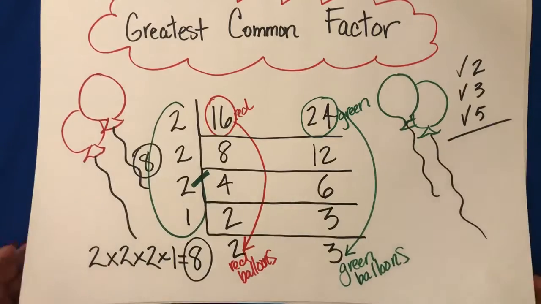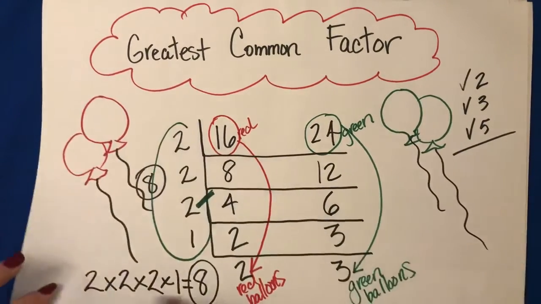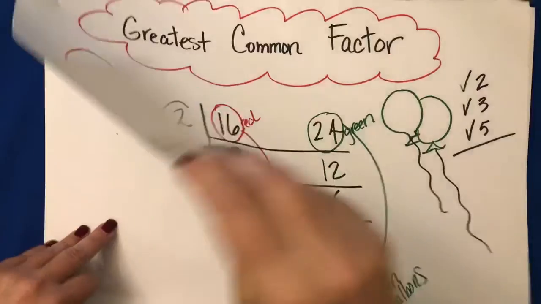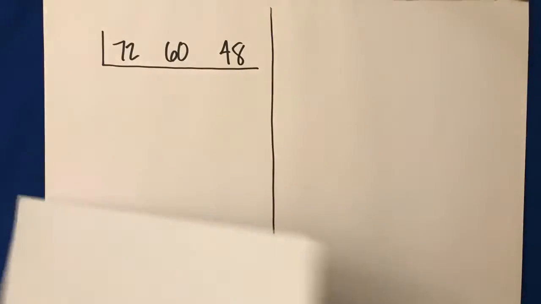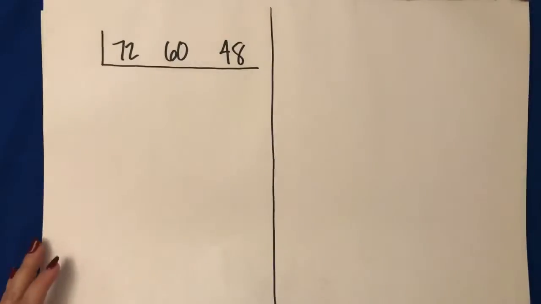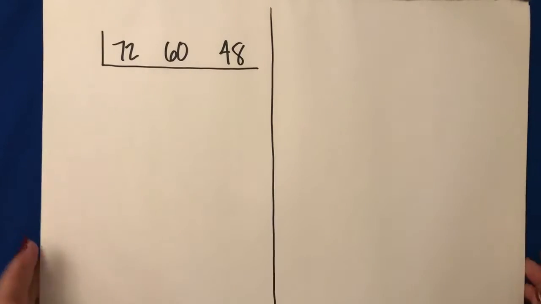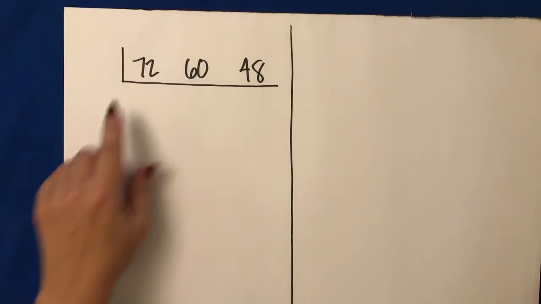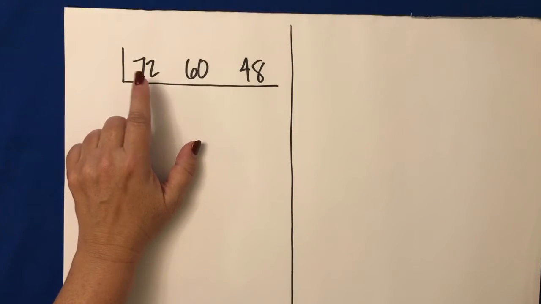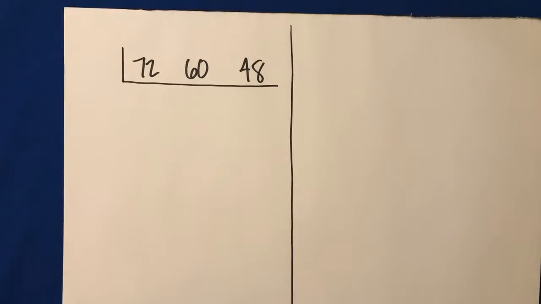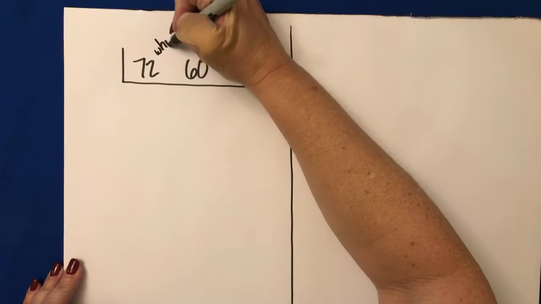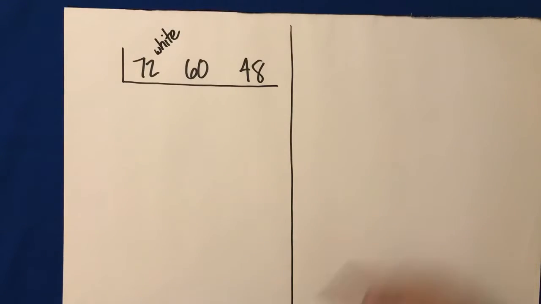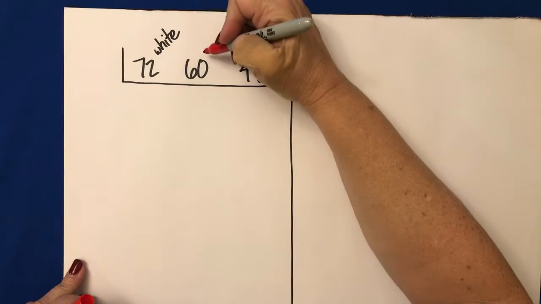Now I'm going to pull this over, so if you want to grab a new sheet of paper, let's try this one. I'm going to pull 3 numbers together this time, okay? And let's see if you guys can help me to solve this problem. What if I was trying to make bouquets of flowers, and I had 72 white flowers. I'm going to just put the word here so I remember what color these are. And then I had maybe these are carnations. Have you guys ever seen those flowers before?